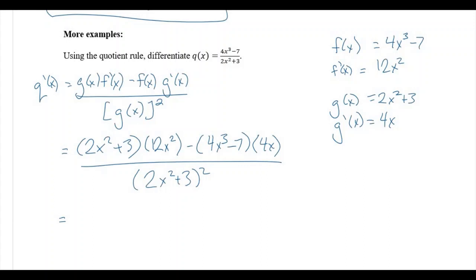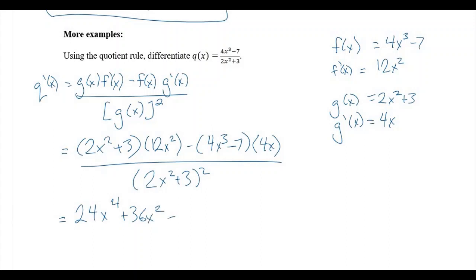Now, all we have to do is simplify the top a little bit, and hopefully this will work out for us. So let's simplify a bit. Expand the first two brackets. We get 24x to the 4 plus 36x squared.